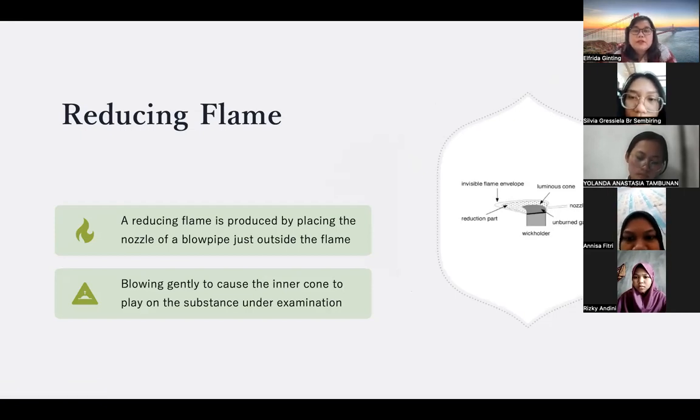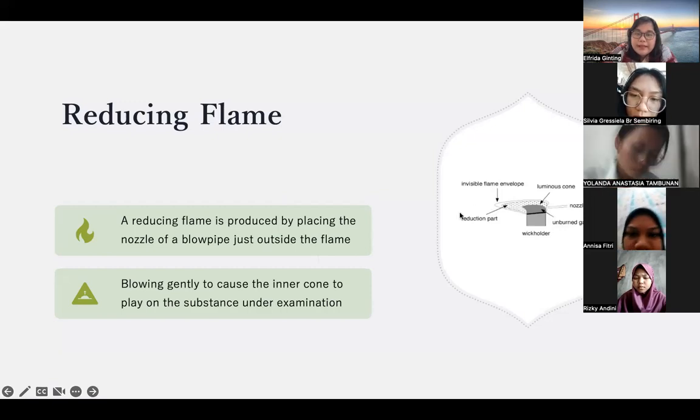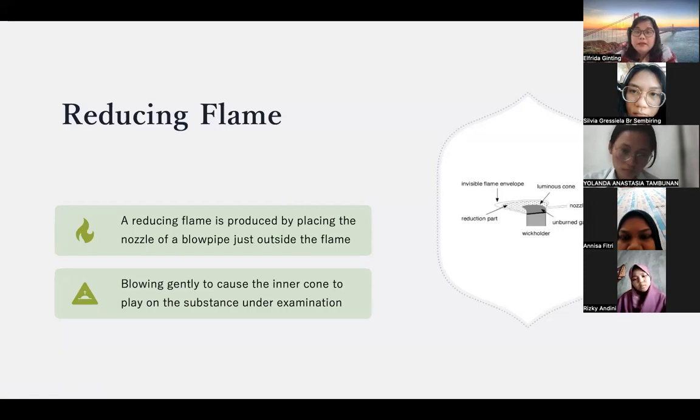The reduction flame is the outside region. If you blow gently, the material will be heated, but not to a high temperature, because you are just blowing gently. The outside of the flame has a low temperature.